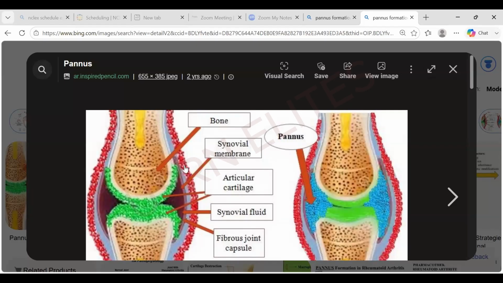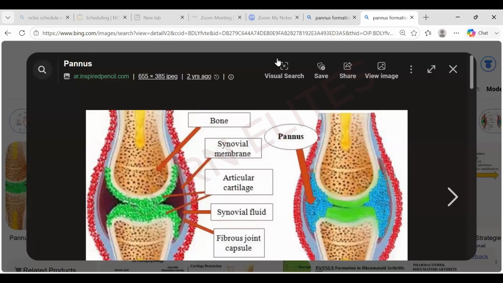Because with this one, there's going to be an inflammation of the synovial membrane, affecting the fluid. All right, and there's going to be formation of this abnormal growth, okay, that eats into the joints. Do you understand?